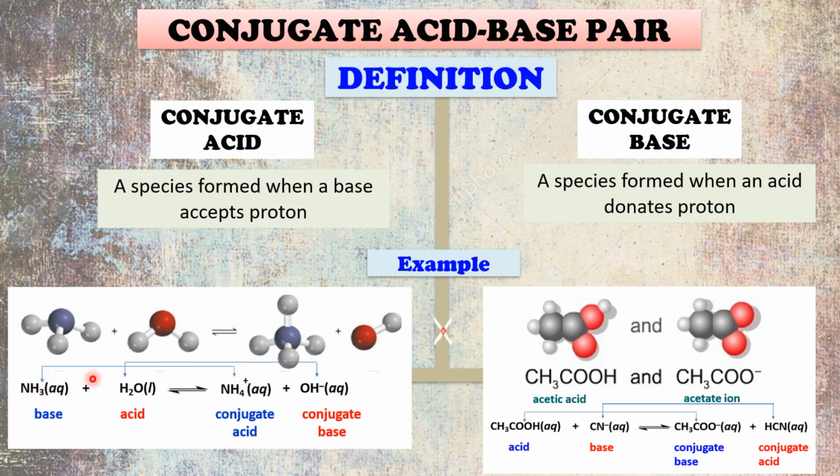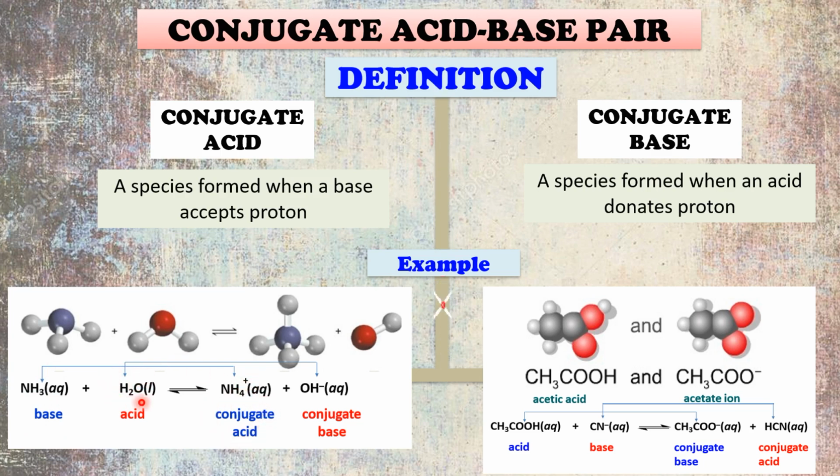Comparing these two species, NH3 accepts a proton to form NH4 plus. Therefore, NH3 is a base, and the product NH4 plus is the conjugate acid.